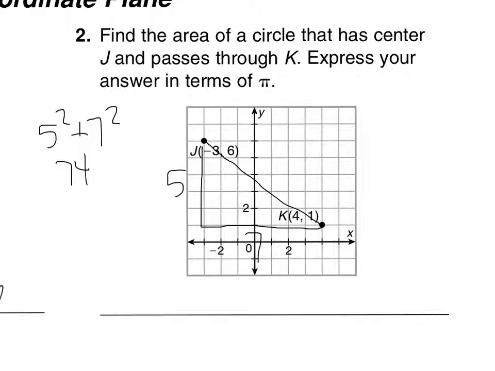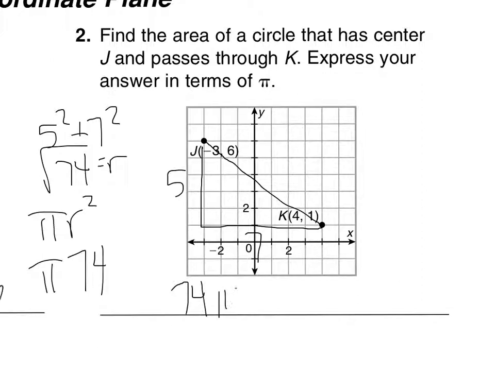Well, that's not going to break down any, so the radius is equal to the square root of 74. So then I can find the area, pi r squared. Well, that's easy enough. The square root of 74 squared would just be 74. So there we are, 74 pi.